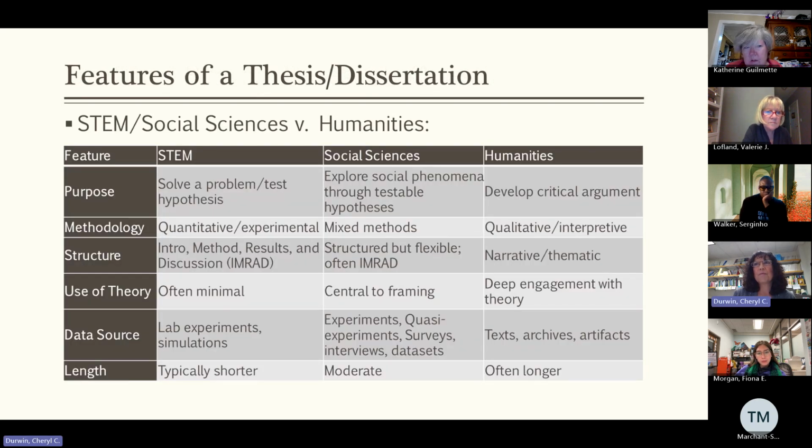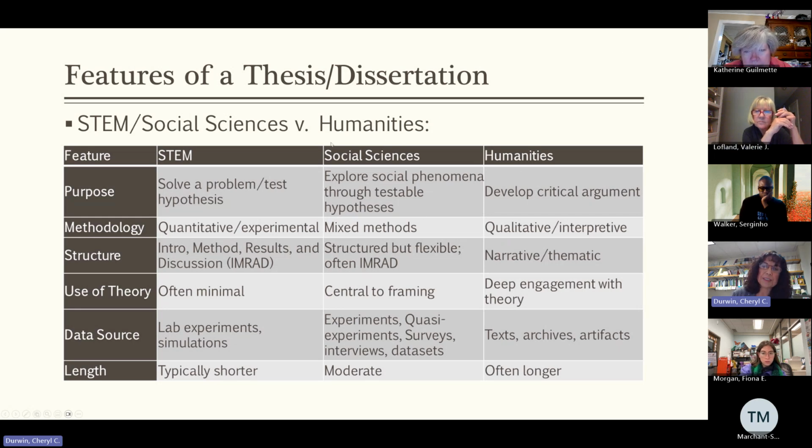Okay. Features of a thesis or dissertation in the different areas. Again, just to show you what we are talking about with theses and dissertations. The structure and features of a thesis or dissertation are generally similar for STEM areas and social sciences. So I'm in psychology, so we're in the social sciences here.